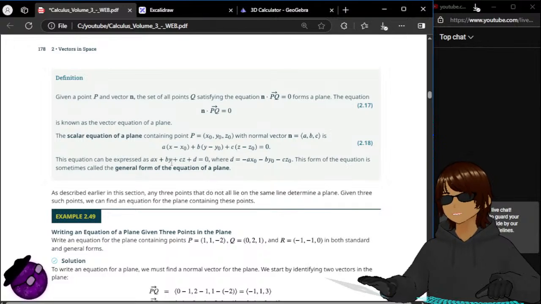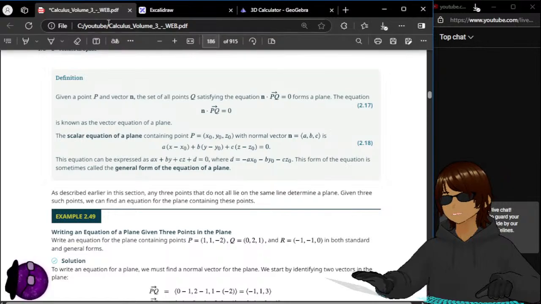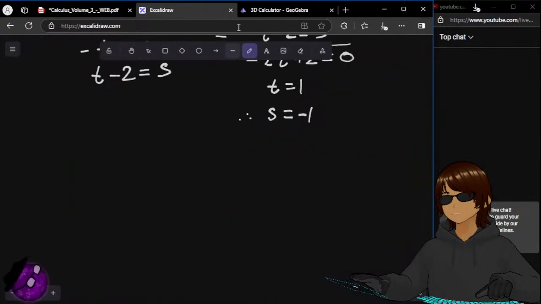So where do we get the a, b, c from? Do we do a cross product with P and R? I think that's what we are supposed to do. I might be wrong though.